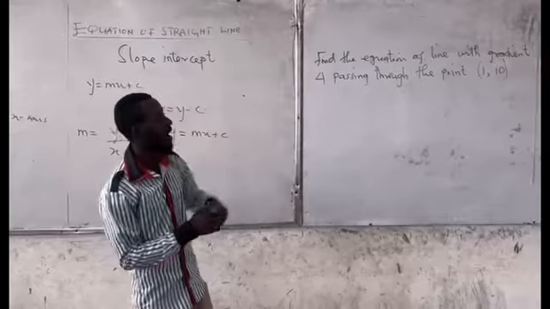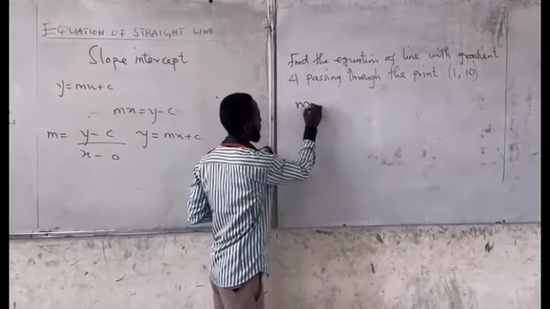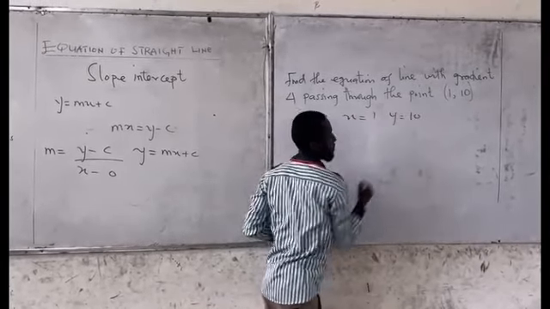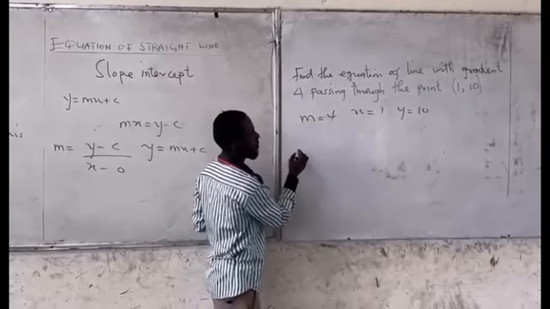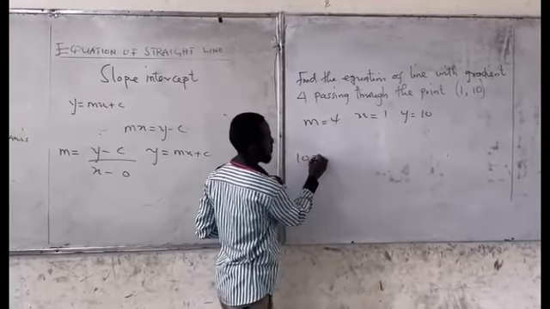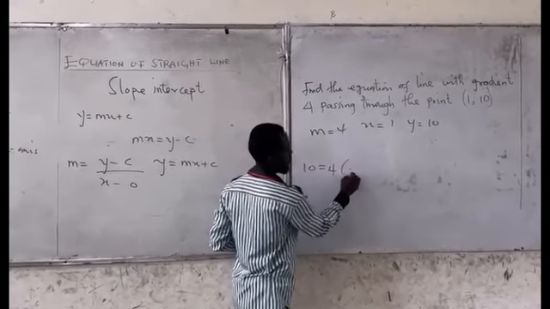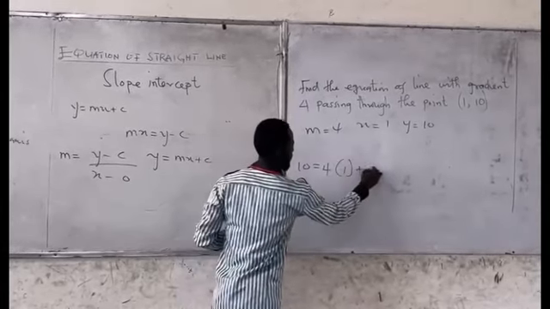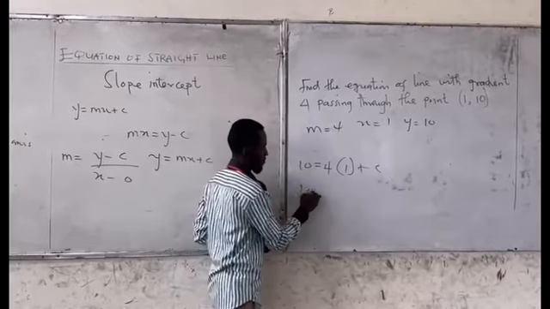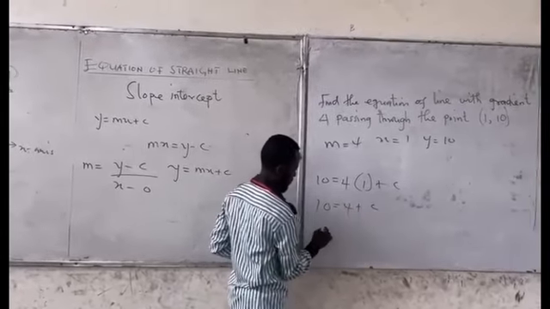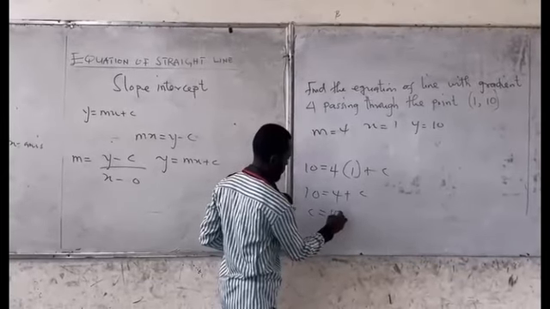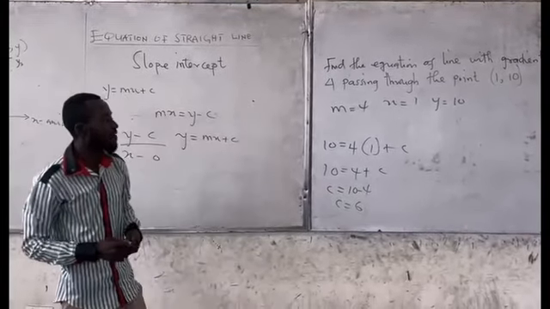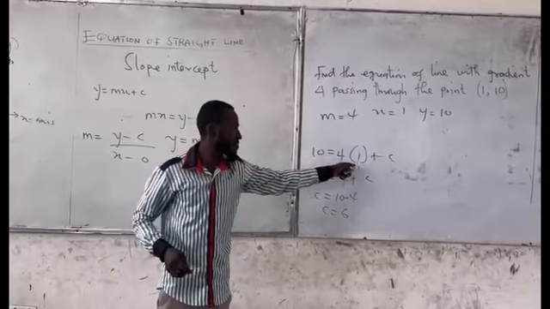Looking at this expression, we have our gradient m equal to 4, x equal to 1, and y equal to 10. Putting them into the formula, we have 10 is equal to 4 multiplied by 1 plus c.